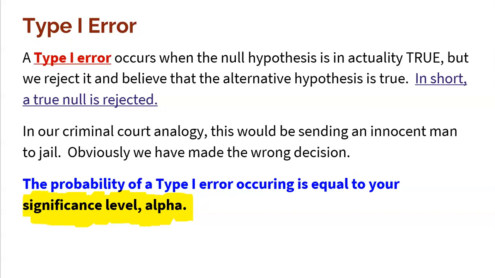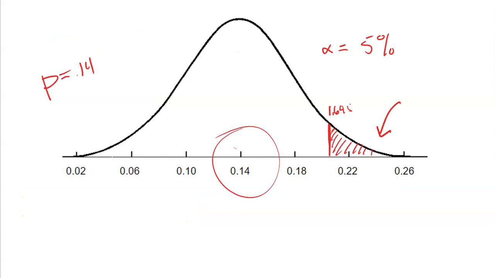Now, obviously, one thing we could do, which makes a lot of sense, is we could reduce alpha. We could lower alpha. That will reduce our chance of making a type 1 error. When we reduce alpha, we're being more strict. This means, to reject, I'm going to go with 1%. So if I make my alpha 1%, 0.01, that means that I'm going to have to increase my rejection Z-score.